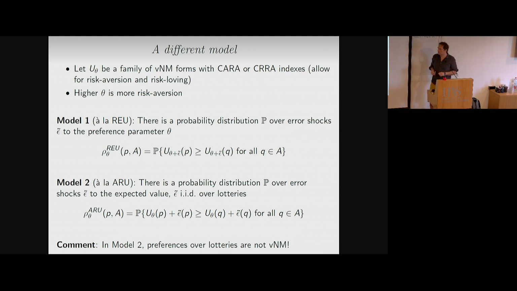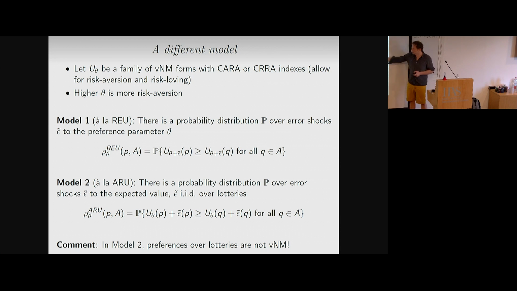So let's suppose we're in that class. Then what does random expected utility mean? That means there's a probability distribution over this theta. So I can write this down as fixed theta plus some shock epsilon to theta. That's this instability of risk aversion.